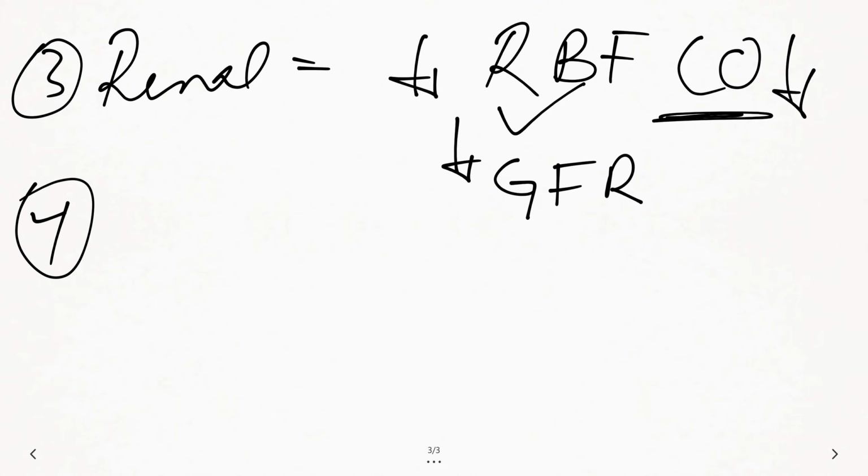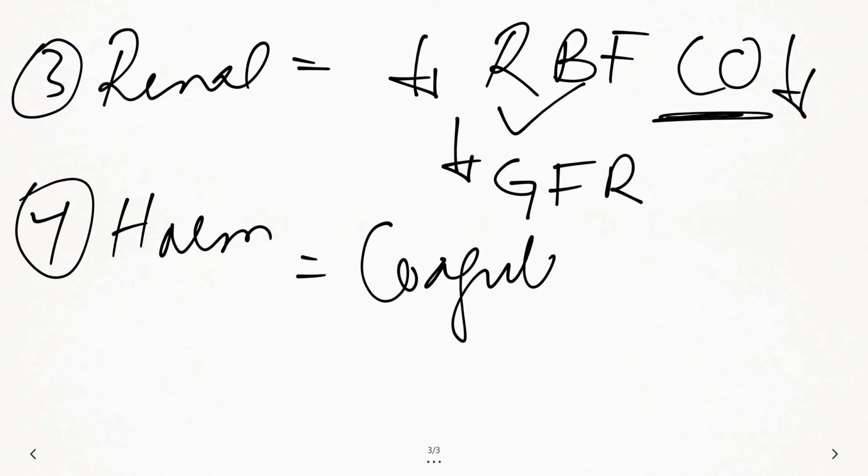Well, let us take another system. We can take the blood itself, the hematological system. The hematological system, first of all, this patient cannot stop his bleeding. He will have a coagulation problem. Why?